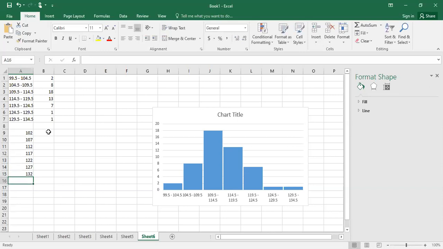So these are the class midpoints to make a frequency polygon. The frequency are 2, 8, 18, 13, 7, 1. So to make a frequency polygon, I will highlight column B and A and go to Insert.